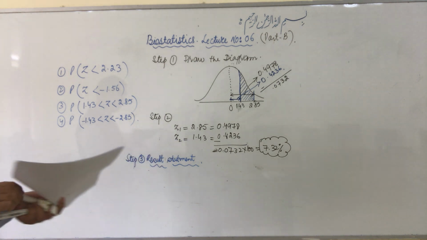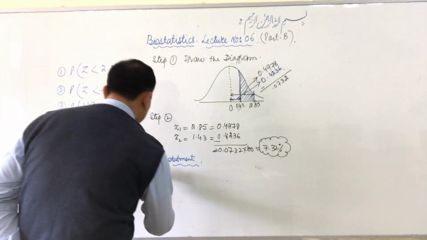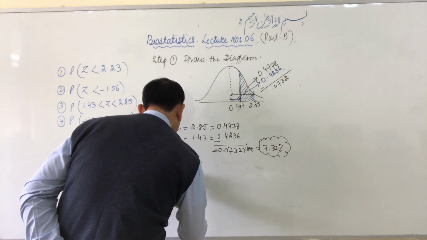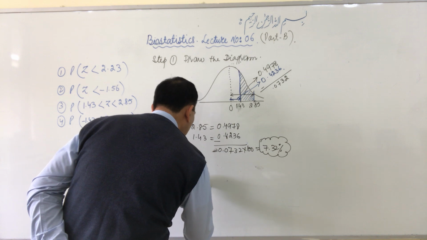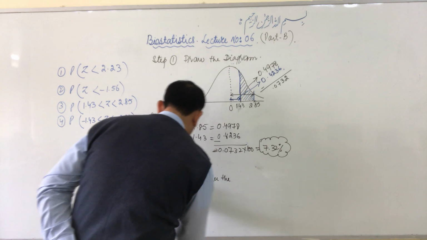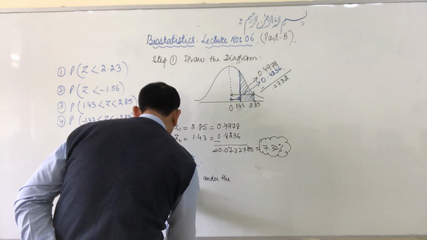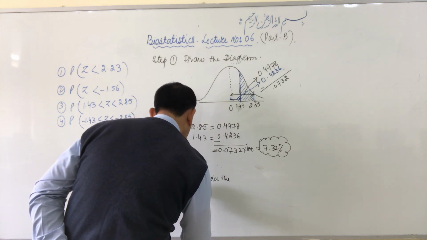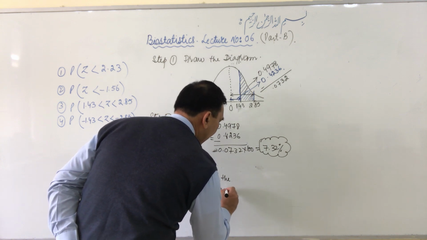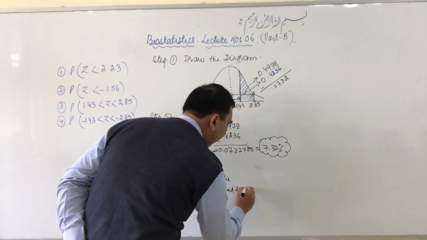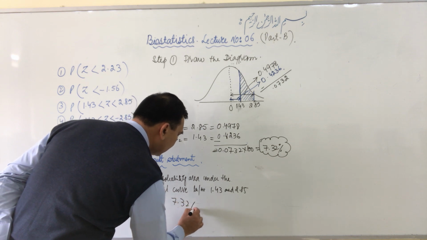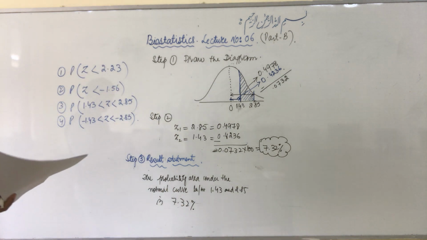The result statement says the probability area under the normal curve between 1.43 and 2.85 is 7.42%.